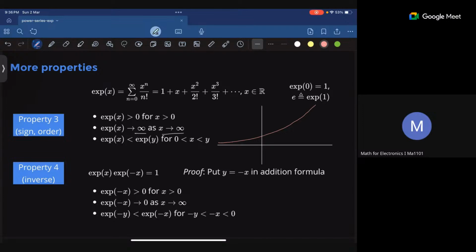So if you choose any 2 points on x plane, a and b, if a is less than b, e power a will be less than e power b, which says that it's an increasing function, nice function. Okay, and e power x multiplied with e power minus x will give you e power 0, which is 1. Okay, so e power minus x will be the inverse of e power x, and e power minus x will look like this.